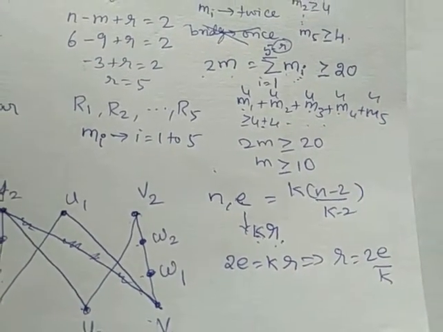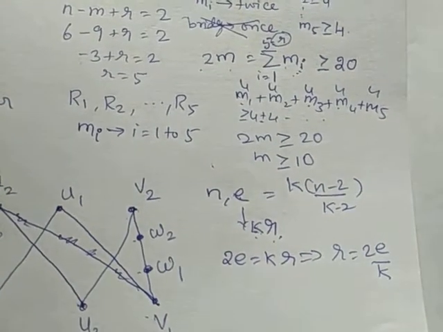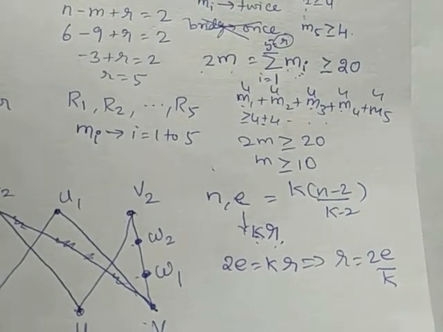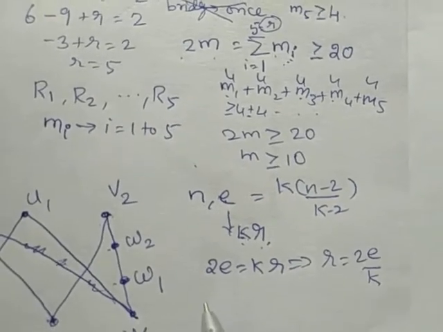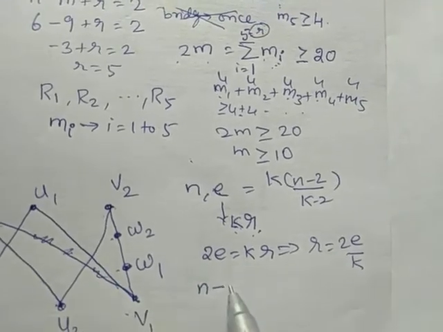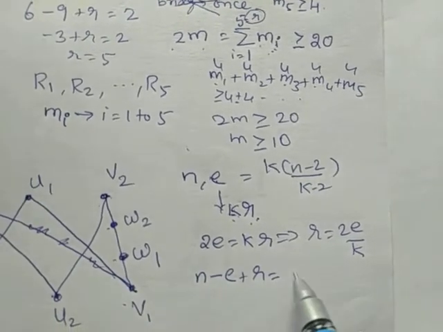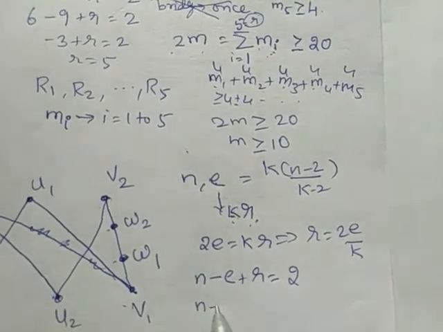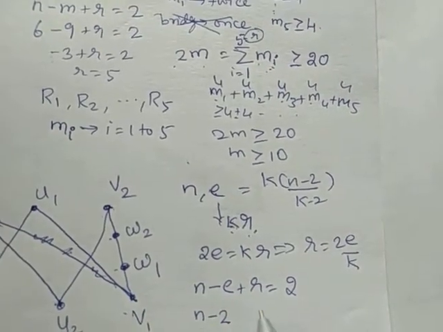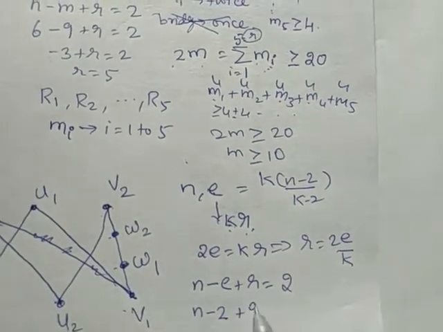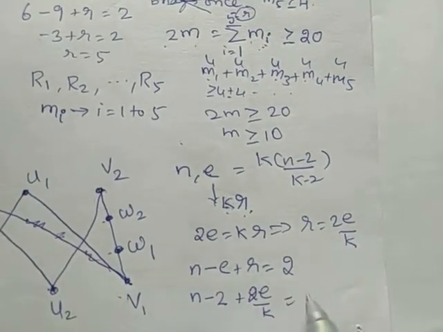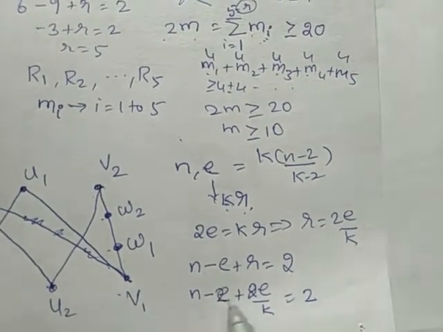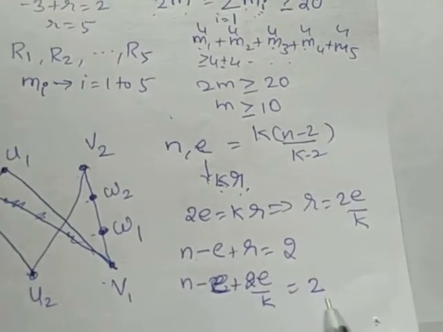Also, since G is a connected plane graph with n vertices, E edges and R regions, from Euler's identity we have n minus E plus R is equal to 2. What is R? 2E by K. Substituting, n minus E plus 2E by K equal to 2.